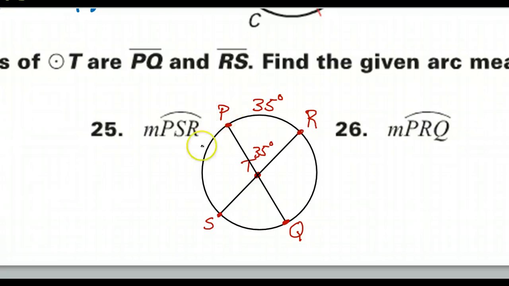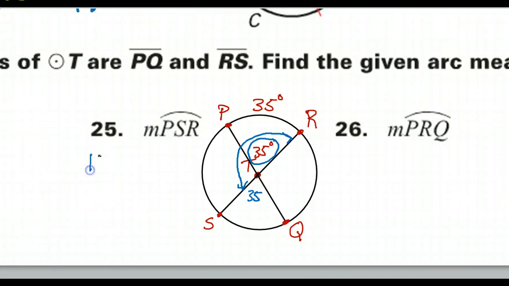Okay, so let's go ahead and find all these angles. If this is 35 degrees, then this is 35 degrees. Those are vertical angles. Remember that, for example, from here to here is a semicircle. That's 180 degrees. So if this side over here is 35 degrees, I should be able to subtract from 180 to find the other side.